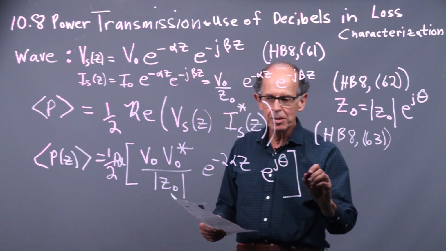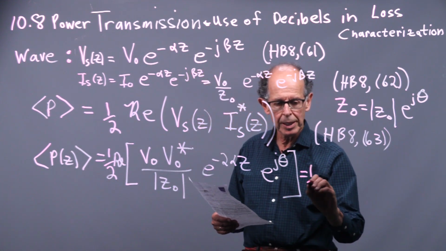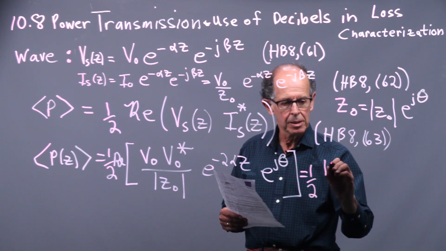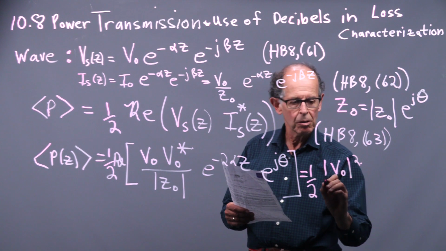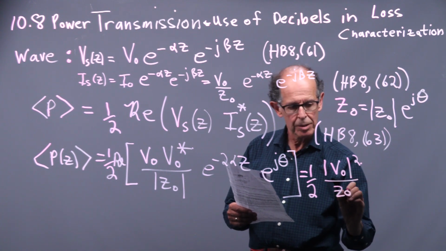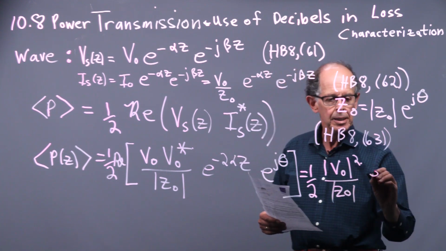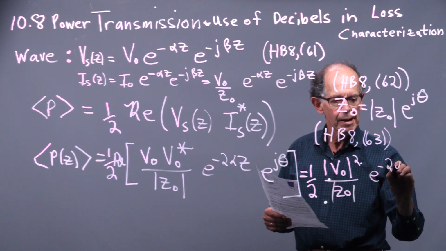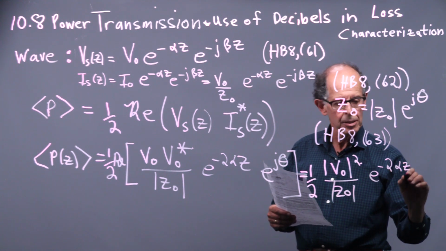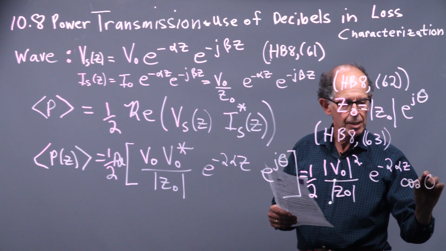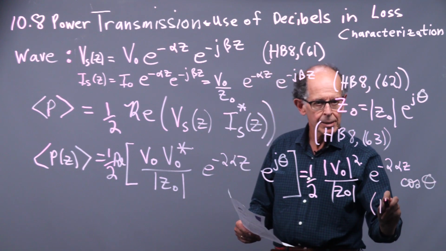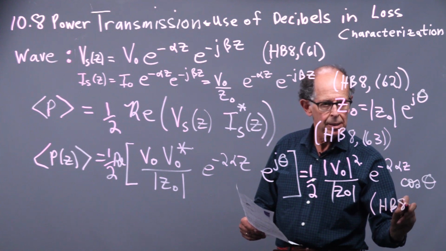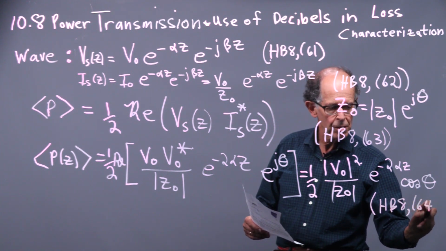So we get this nice final result, 1/2 V0 squared over Z0 e to the minus 2 alpha z times cosine theta. So this is the second step in Haus and Buck, equation 64.